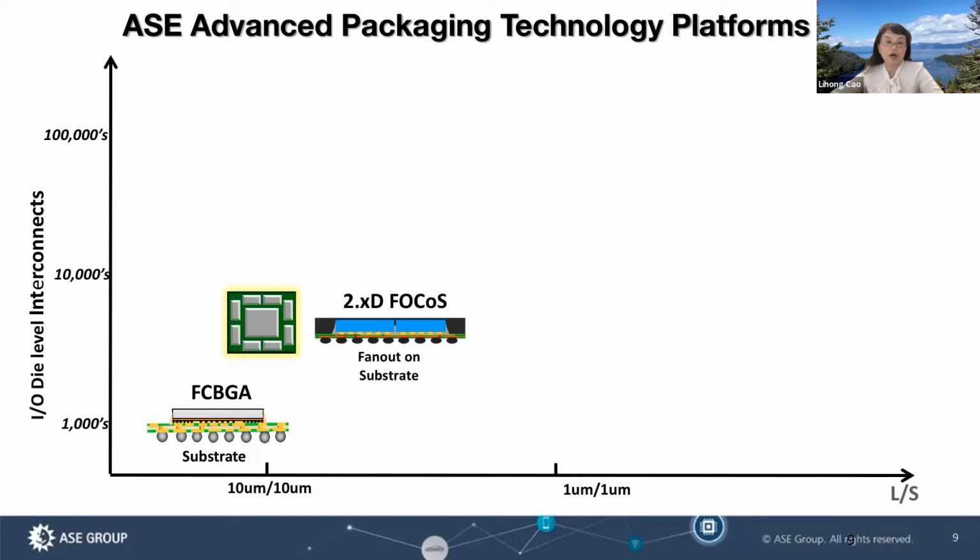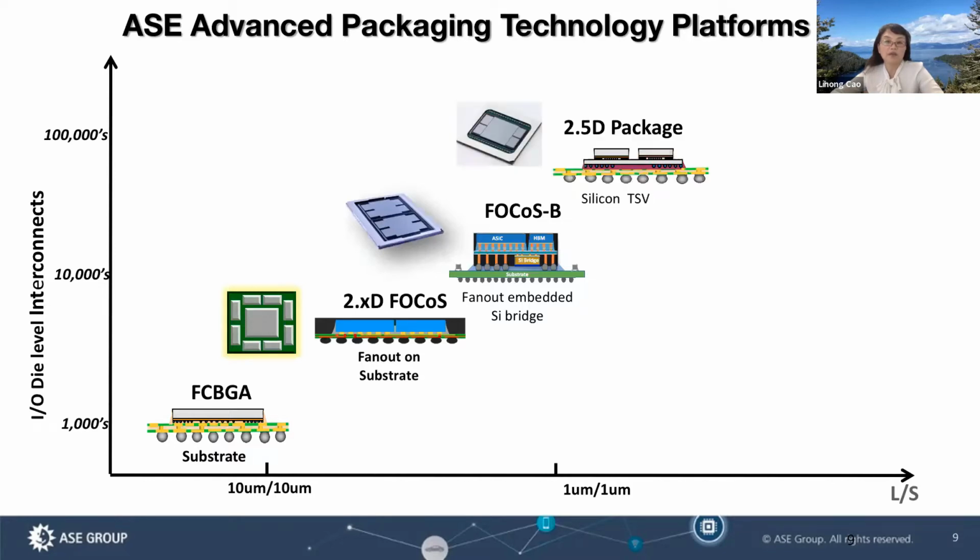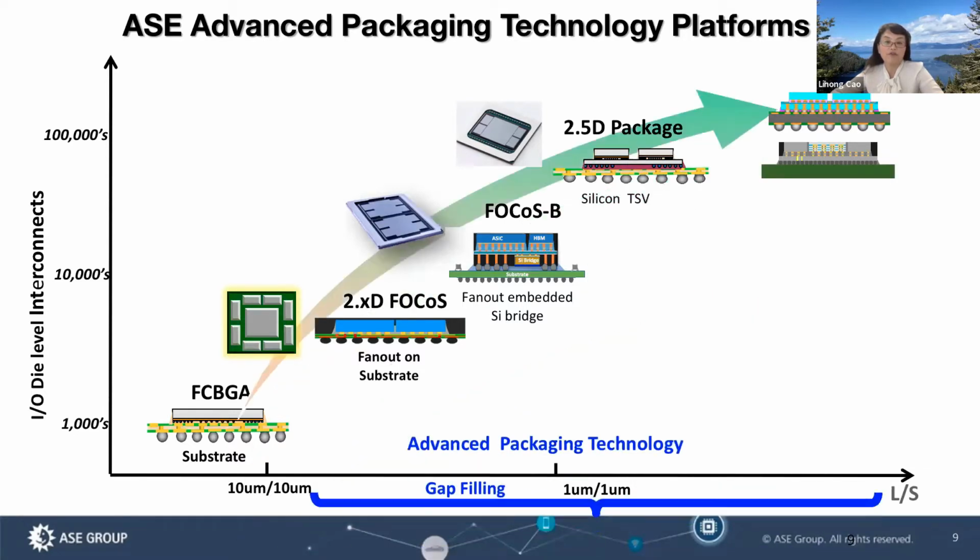The fan-out on substrate and the fan-out embedded silicon bridge lead to higher I/O density 2.5D silicon TSV, with copper RDL trace line spacing from 2 by 2 micron down to 0.4 and 0.4 micron, to super high I/O interconnect density of 3D hybrid bonding. The advanced packaging technology can fulfill the substrate gap for high-density chiplets integration.